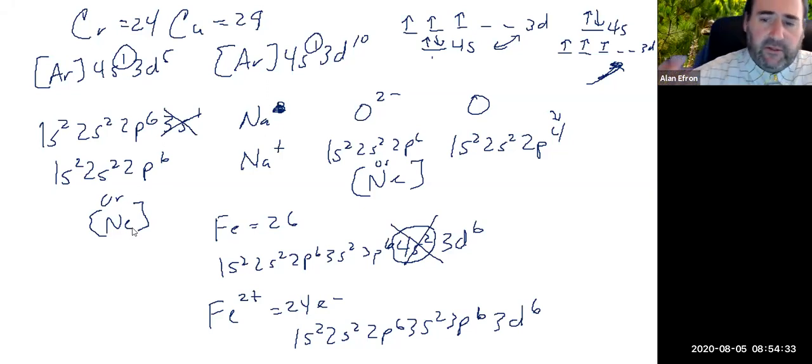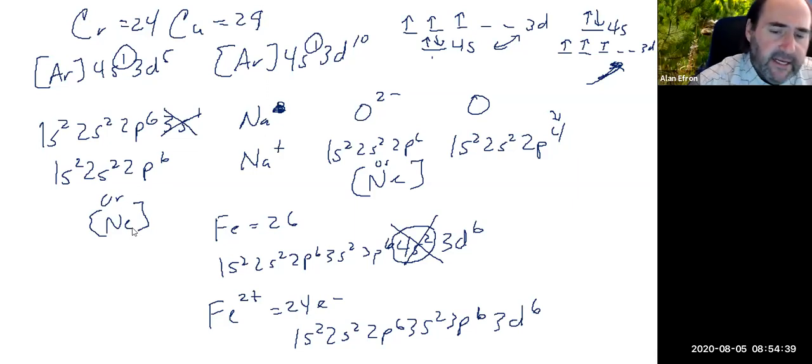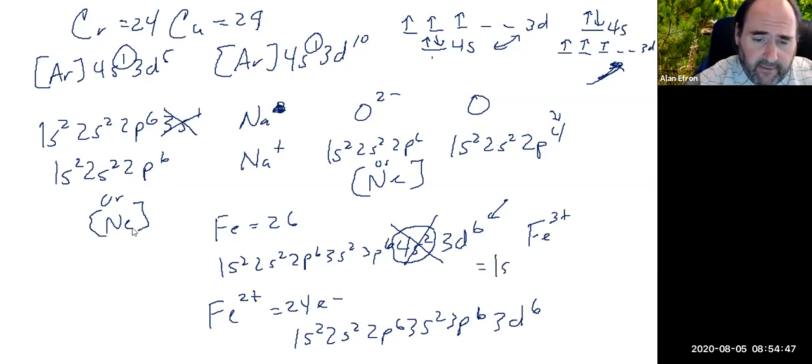That happens with all the transition metals. They typically lose their s electrons first, and then if they need to, they'll go into the d.